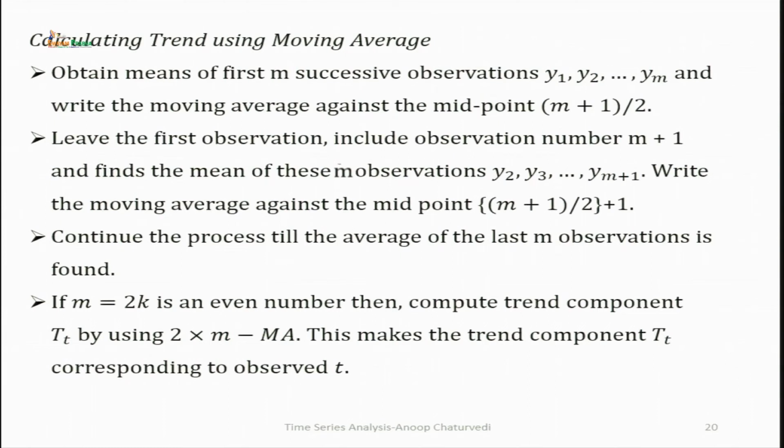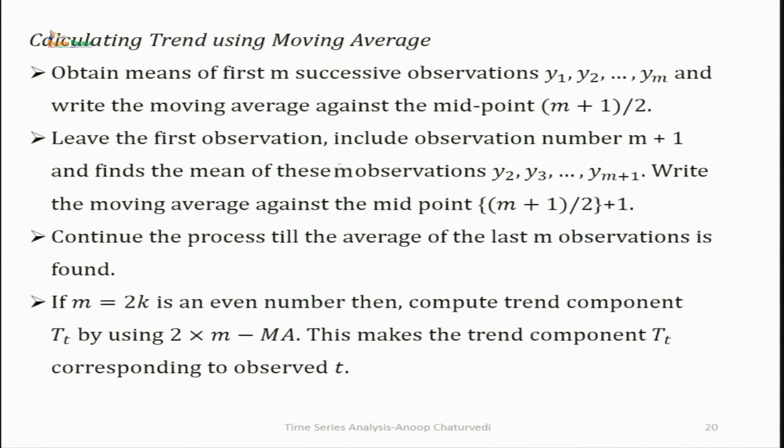Now, if m is equal to 2k, means m is an even number, then your moving average will not correspond to an observed time point. Then what you can do, you further take a 2-term moving average.